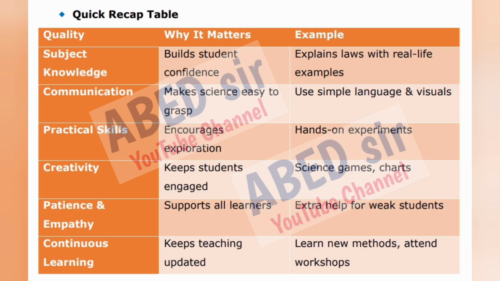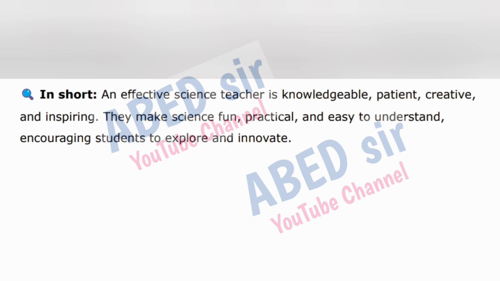Patience and empathy support all learners: extra help for weak students. Continuous learning keeps teaching updated: learn new methods, attend workshops. In short, an effective science teacher is knowledgeable, patient, creative, and inspiring. They make science fun, practical, and easy to understand, encouraging students to explore and innovate.